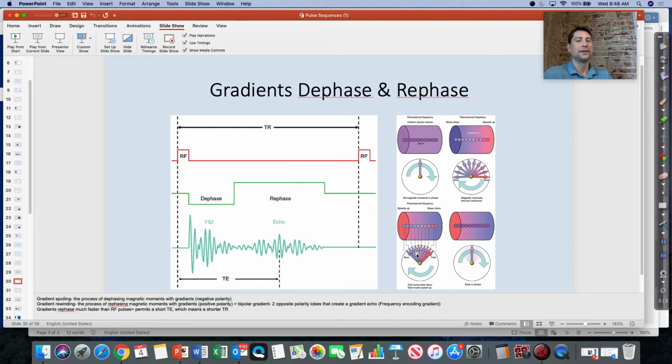So they go from incoherent to coherent spins again, because we want coherent spins because that's going to give us the greatest amount of signal, our highest signal amplitude. So that's what's happening with the gradients dephasing and rephasing. And remember, this is less efficient than our 180-degree refocusing pulse, but a lot faster.